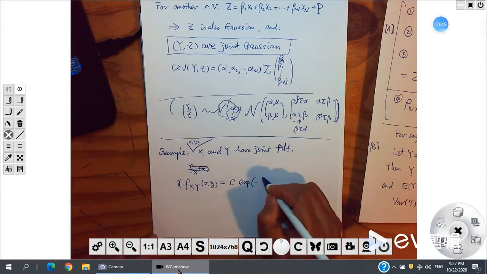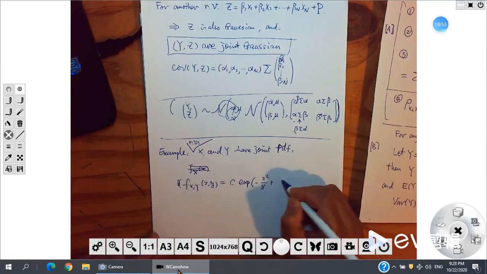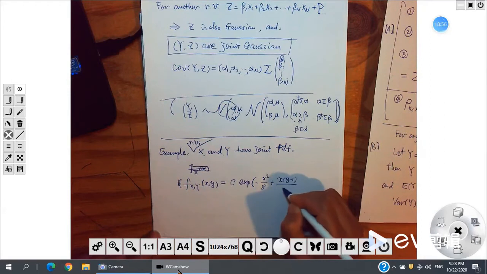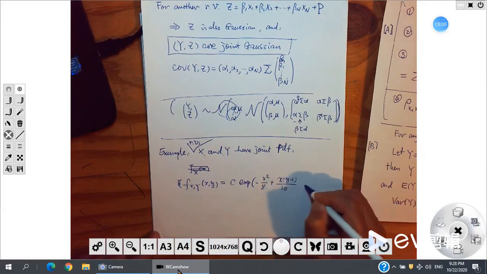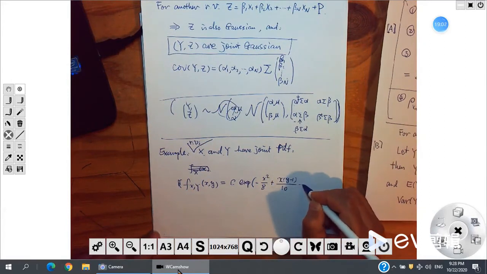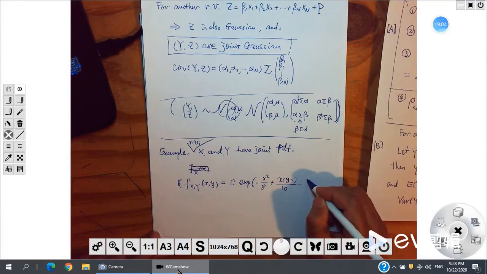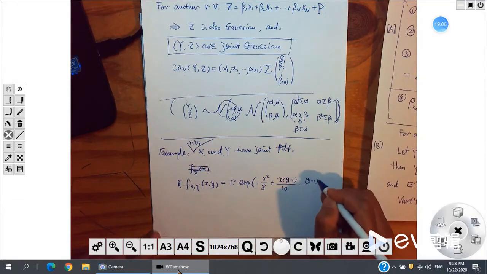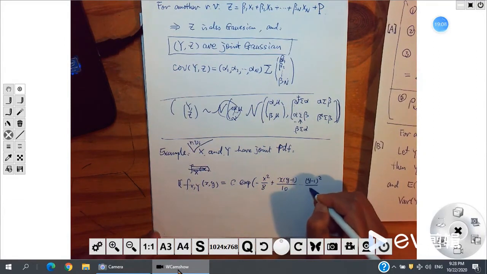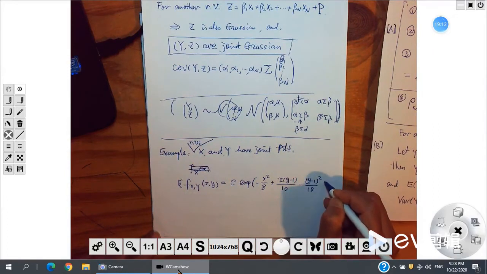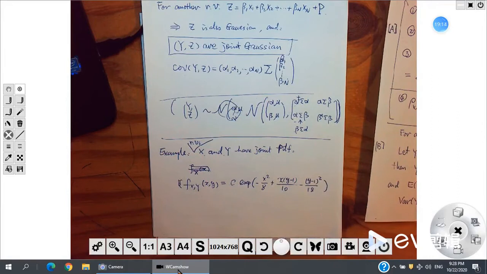It is negative, x squared over 8 plus x times (y minus 1) over 10, and minus (y minus 1) squared over 18. Okay, like this. Now suppose we have the PDF.